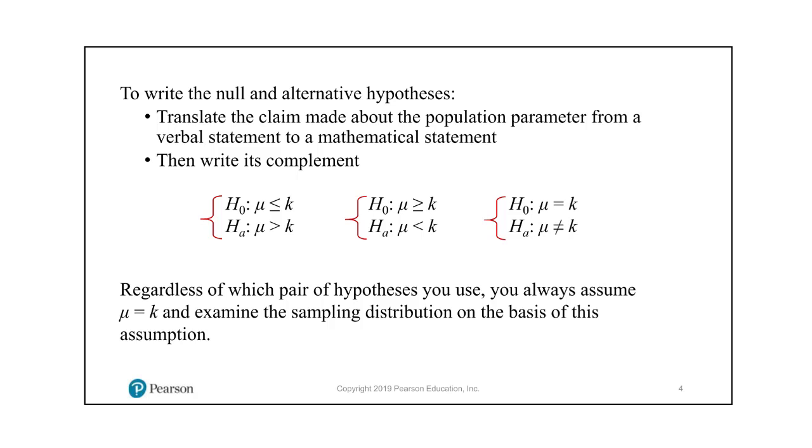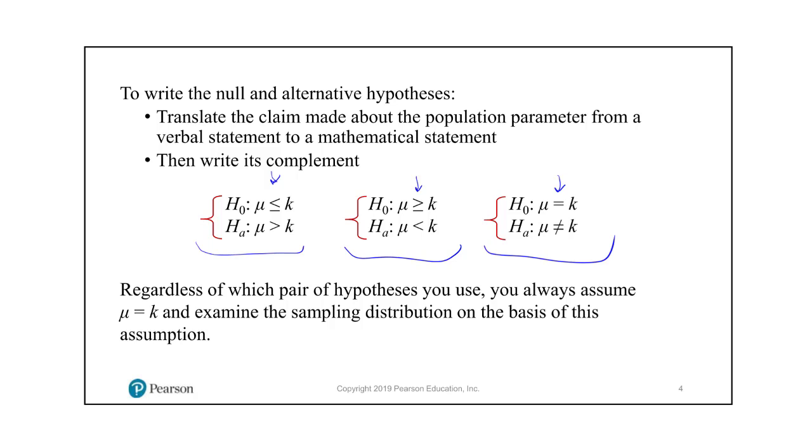Okay, so our hypothesis test is going to look like one of these. These are three different versions. Notice in every case, the null hypothesis has the equals version: less than or equals to, greater than or equals to, equals.